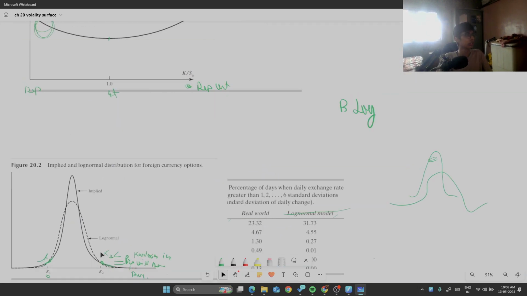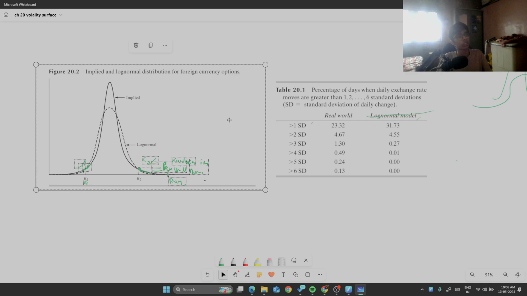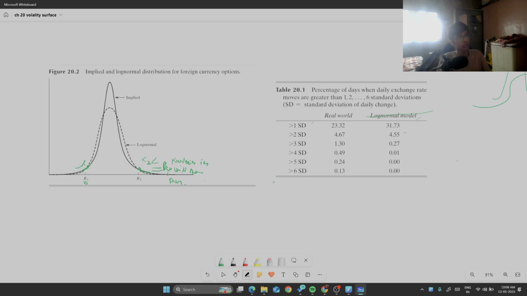The two standard deviation moves are almost similar, but the more difference came after the third standard deviation, where in the real world there is a 1.3% move, but the log normal model shows only 0.27% because of our fat tail.